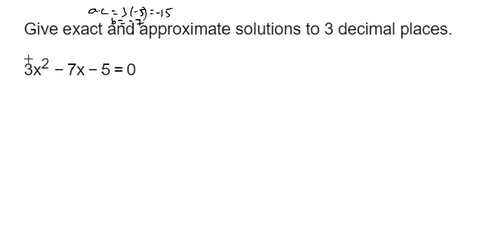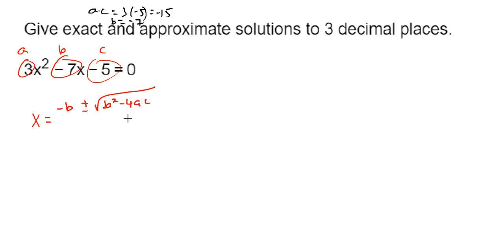It's already equal to 0, so we can go ahead and identify A is equal to 3, B is equal to negative 7, C is equal to negative 5. And so we'll have the quadratic formula, x equals negative b plus or minus the square root of b squared minus 4ac over 2a. All right, so we'll plug the numbers in and we'll instantly have our solution.